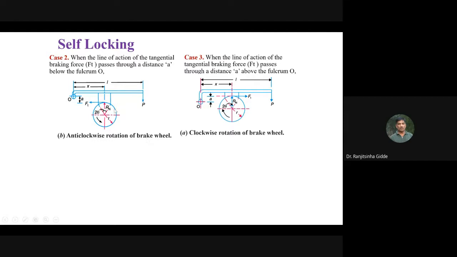So this is rotating anti-clockwise, this is rotating clockwise, and there is a difference with respect to this Ft and this fulcrum. Here you can consider this as the first and this one as the second. So this Ft is below the fulcrum and here Ft is above the fulcrum. So the brake drum rotates anti-clockwise in case number 2 and clockwise in case number 3.